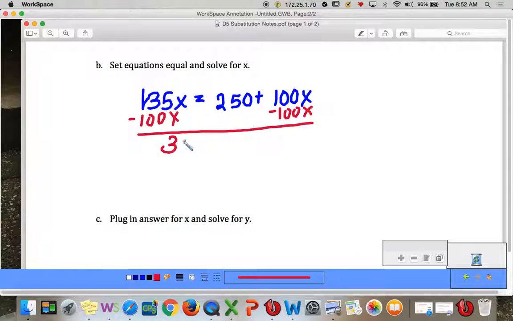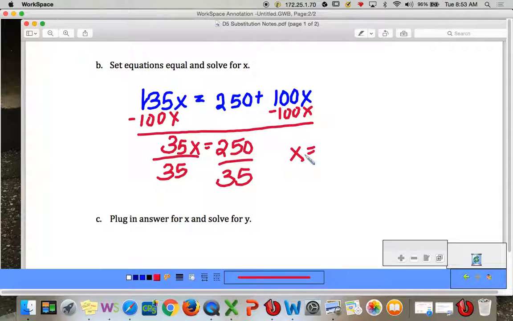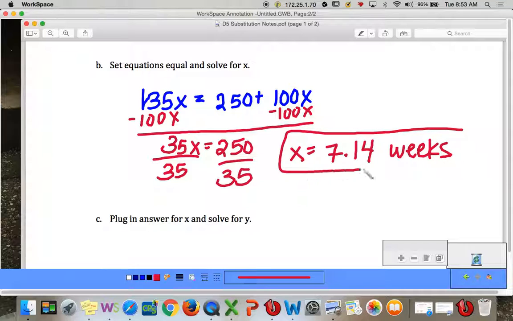We'll get 35x equals 250. We'll divide each side by 35. And so we'll get x equals about 7.14 weeks. So at 7 weeks, they earn about the same amount.